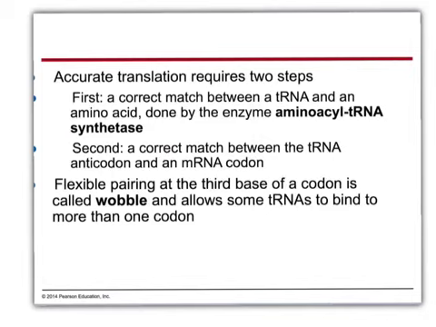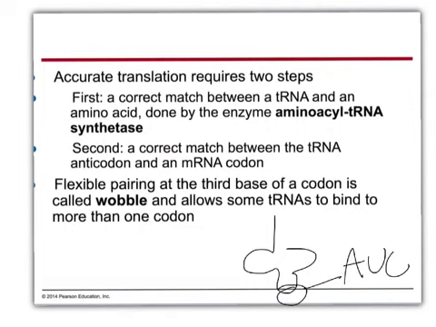So first, it is important that the correct amino acid be linked to the right tRNA. So say you have your clover leaf, and this codon, say, is AUC. That actually means that the right amino acid is attached here.